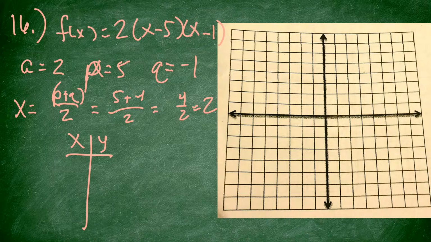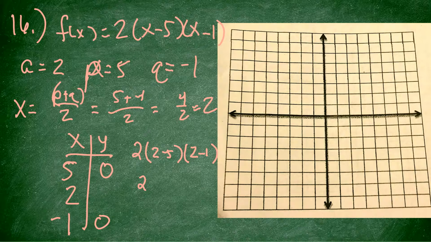I have 2 in the middle. I'm going to put 5 as my P, -1 as my Q. I'm going to put 0, 0 here, and I'm going to plug in 2. So I say 2 times 2 minus 5, 2 minus 1, 2 times -3 times 1, I get -6.